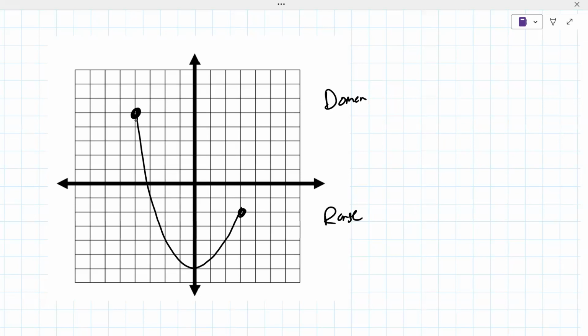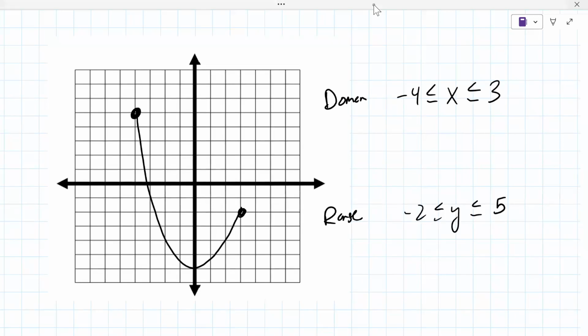Go ahead and give it to me whenever you've got it. -4 is less than or equal to x, which is less than or equal to 3. Good. And then range. -2 is less than or equal to y, which is less than or equal to 5.